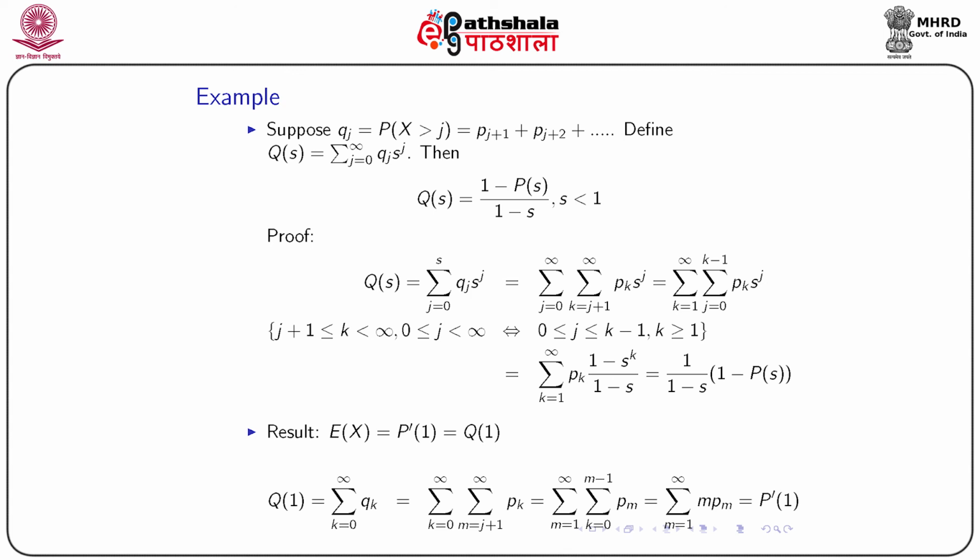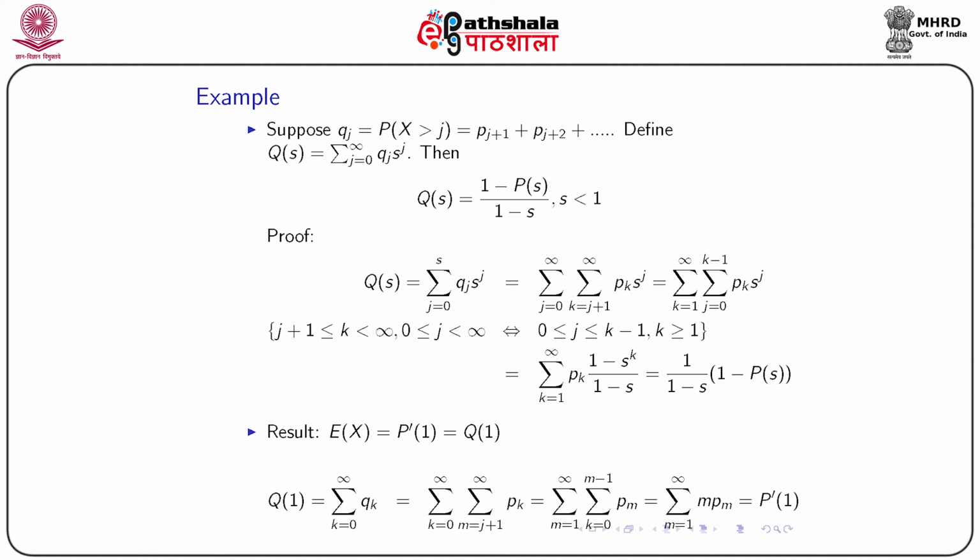Now if we combine these two ranges, then this is equivalent to saying j ranges from 0 to k minus 1 and k ranges from 1 to infinity. If we do the interchange, then we are left with the sum over k from 1 to infinity of p_k, and this is a geometric series (1 minus s to the power k) by (1 minus s), because s is less than 1. So this is nothing but (1 minus P(s)) by (1 minus s).